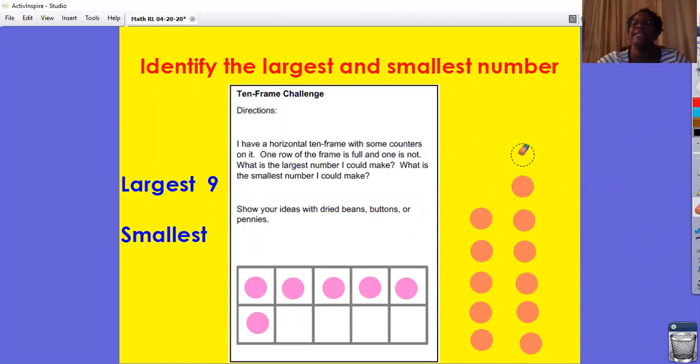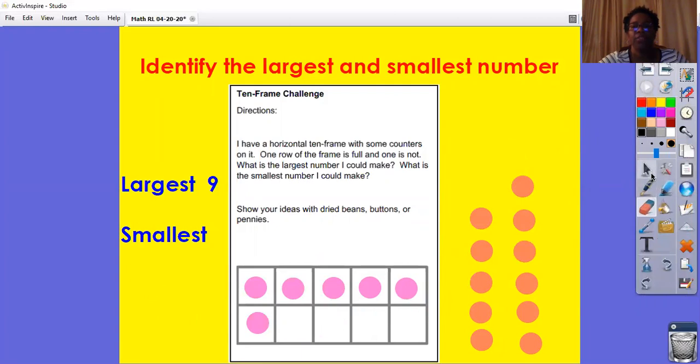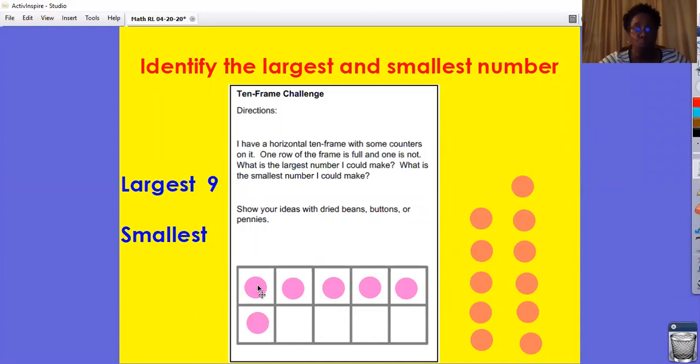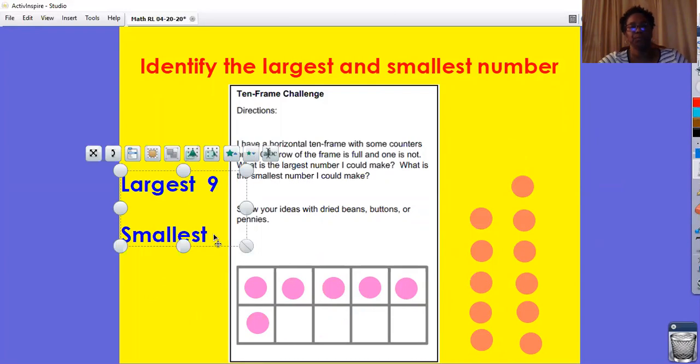So we'll erase one more. So what number is that? What would be the smallest number? Let's go ahead and count them to see. We have, count with me, 1, 2, 3, 4, 5, 6. That's right. So let's go ahead and write 6 on our paper.